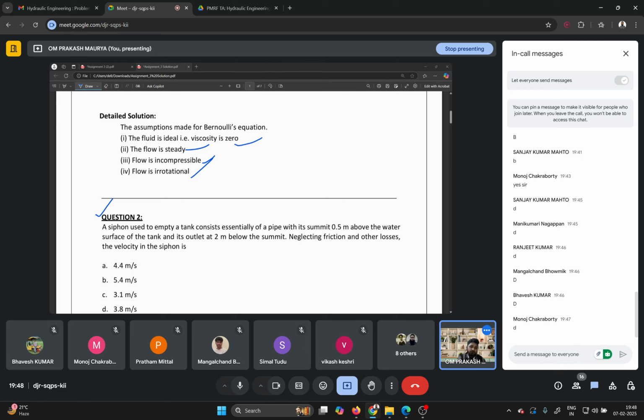Important question. Okay, for question number 2, Manoj's option is D, that is 3.8, and Sanjay is telling B, 5.4. Okay. Other students, please also.